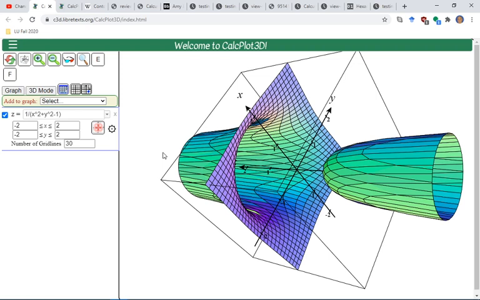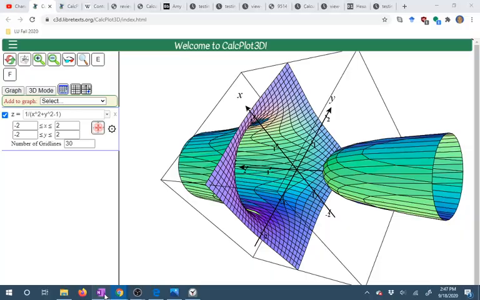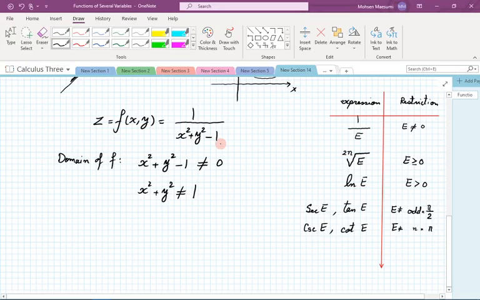And of course, that is not something you want to see in any kind of application you have in mind, because there's a wild jump in the value of the function. Typically it means something is going to go wrong. So the point at which this rupture happens is considered to be out of the domain of the function, and that is what we are trying to get at here. That is when this denominator is going to become 0.